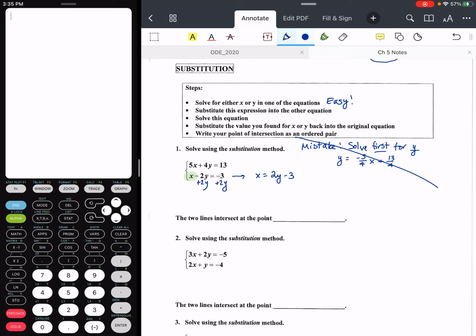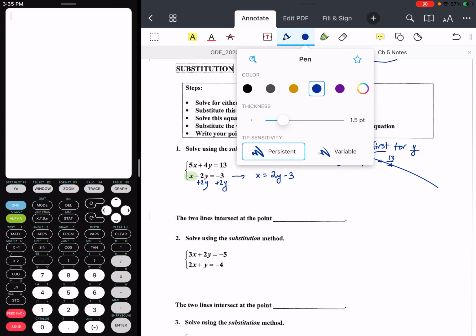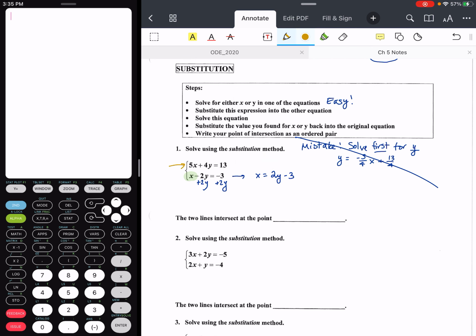So step 2, now I'm going to substitute this expression into the other equation. So that means I need to take the other equation, in this case the first equation, and where it says x, I'm going to replace that with 2y minus 3.